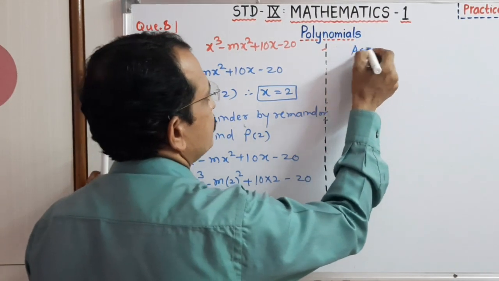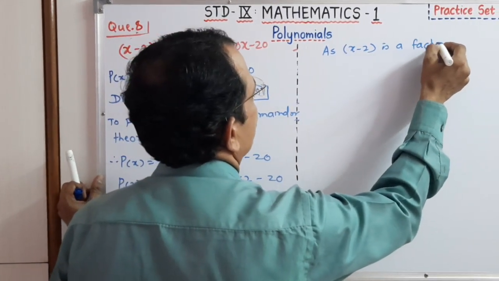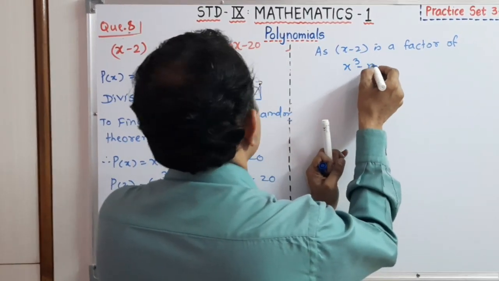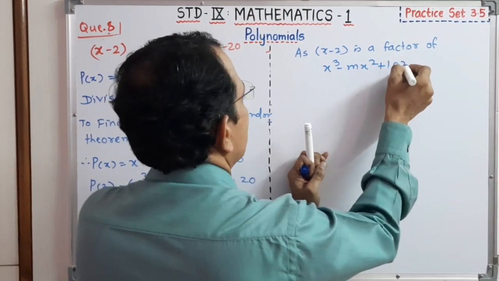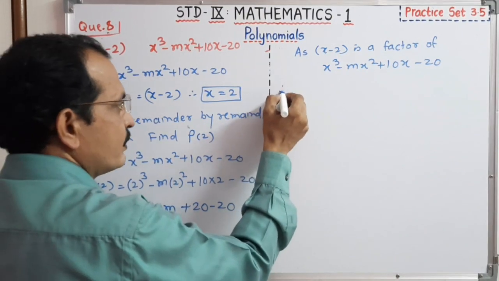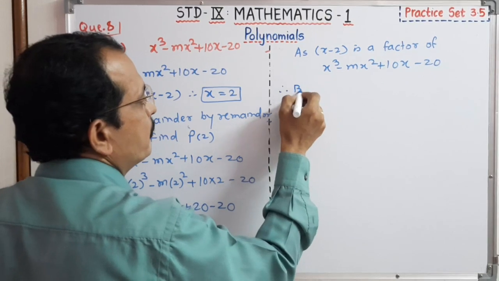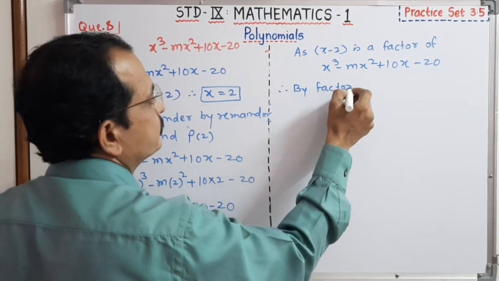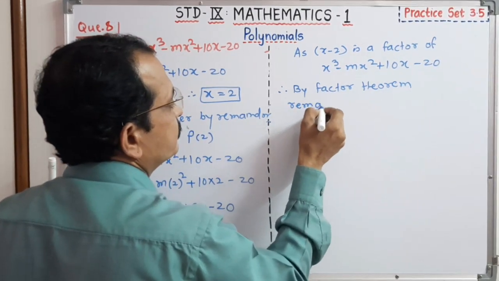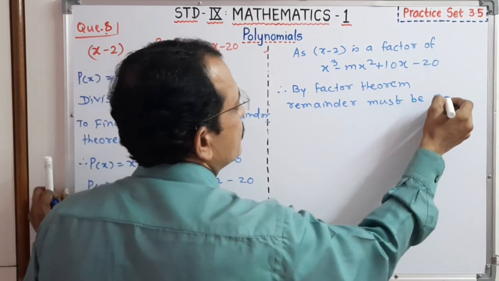As x minus 2 is a factor of x cube minus mx square plus 10x minus 20, therefore by factor theorem, the remainder must be 0.